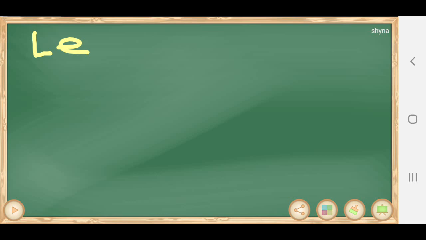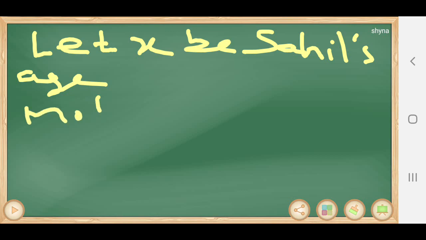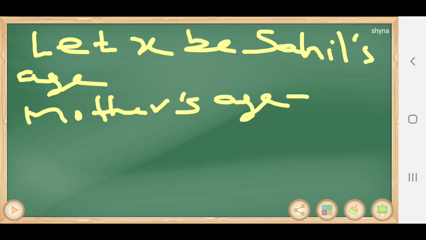We don't know, it is not given. So, let x be Sahil's age. Then what is mother's age? If Sahil's age is x, mother's age is 3 times, that is 3x.